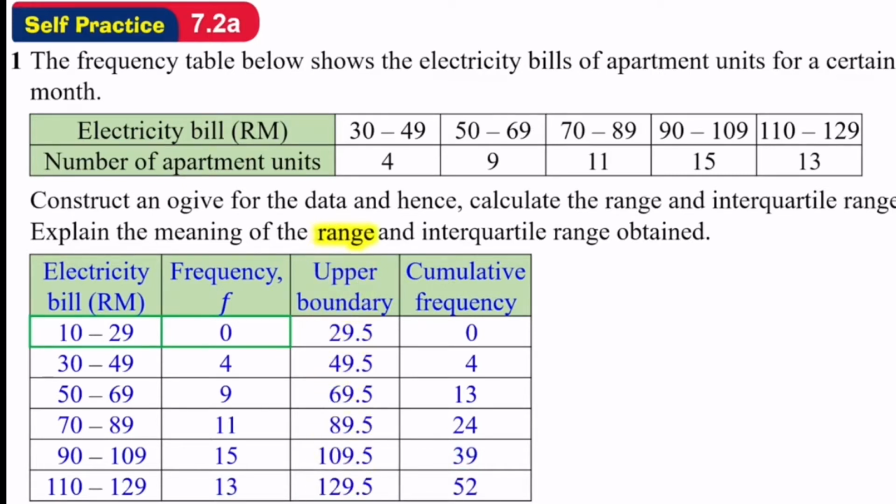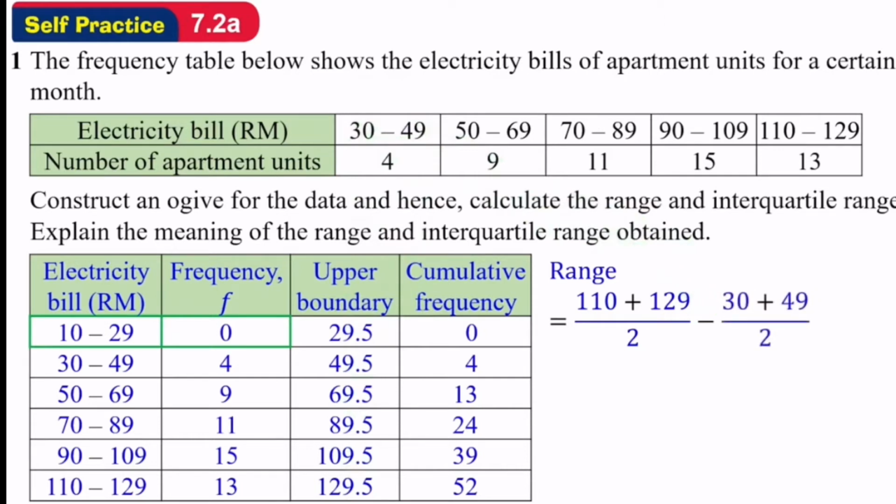Explain the meaning of the range and interquartile range obtained. The range is the midpoint of the highest class interval minus the midpoint of the lowest class interval.